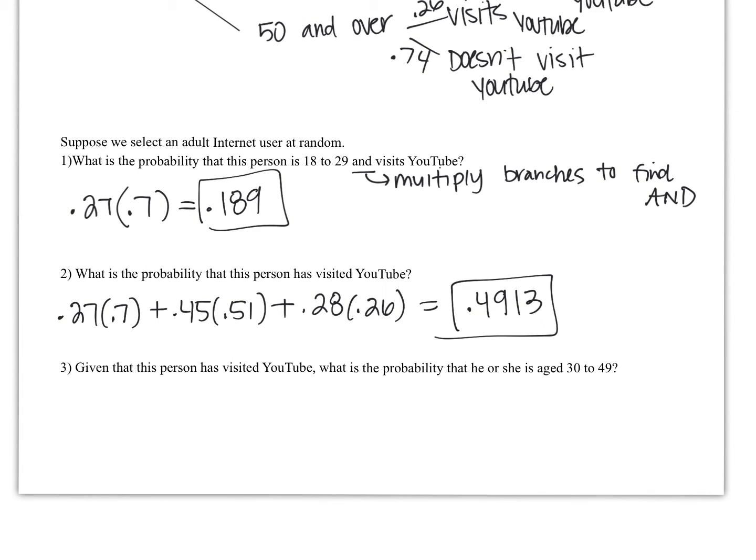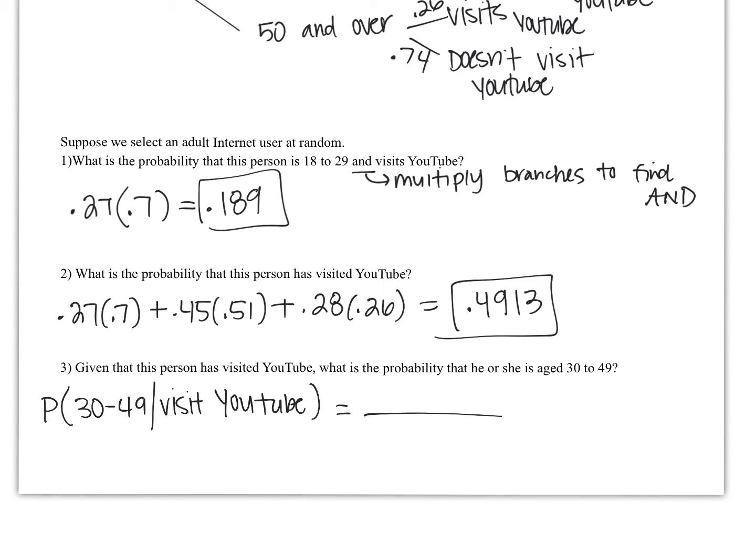Okay. The last is, given that a person has visited YouTube, what is the probability that he or she is age 30 to 49? So this is the probability you're 30 to 49 given you visit YouTube.